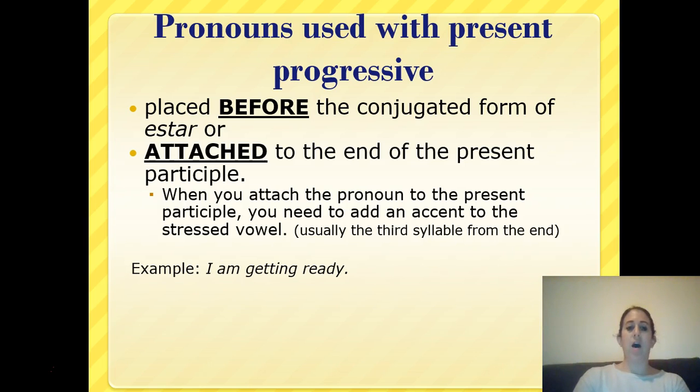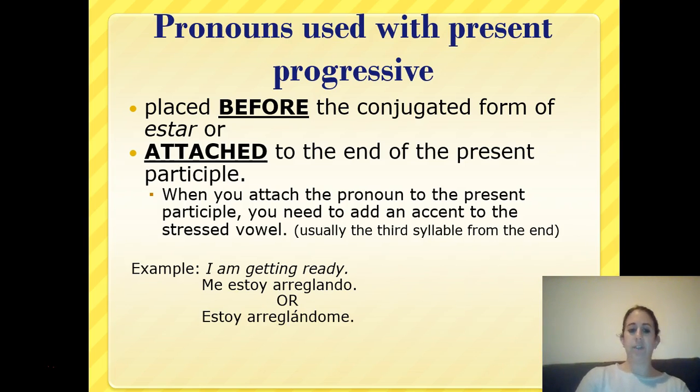So, for example, I am getting ready. We know that, what's our verb to get ready? If you said arreglarse, you are on the right track. So if I wanted to say, I'm getting ready at this moment, then you are going to say, me estoy arreglando. Or you could say, estoy arreglándome. Notice, they both have the me.